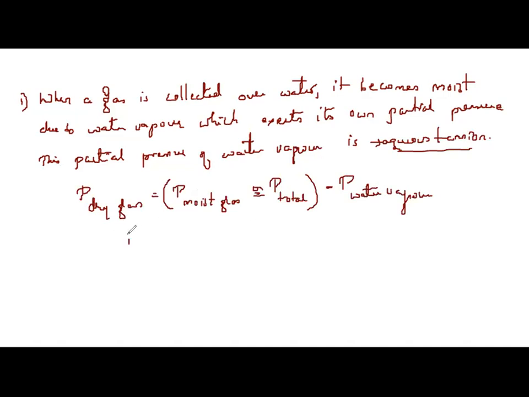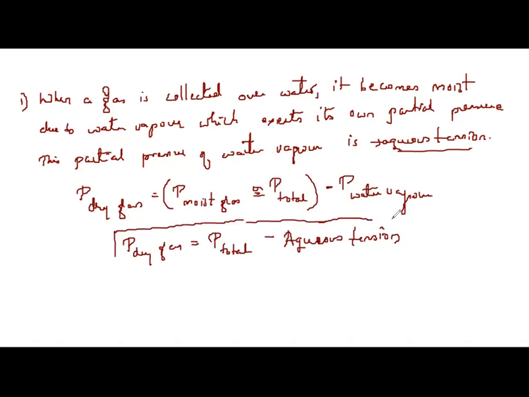The partial pressure of water vapor is called aqueous tension. So this is one application, to determine the partial pressure of the dry gas. You can use this formula: total pressure minus aqueous tension. What is aqueous tension? The partial pressure of the water vapor. When you subtract it out, you will get the partial pressure of the dry gas.